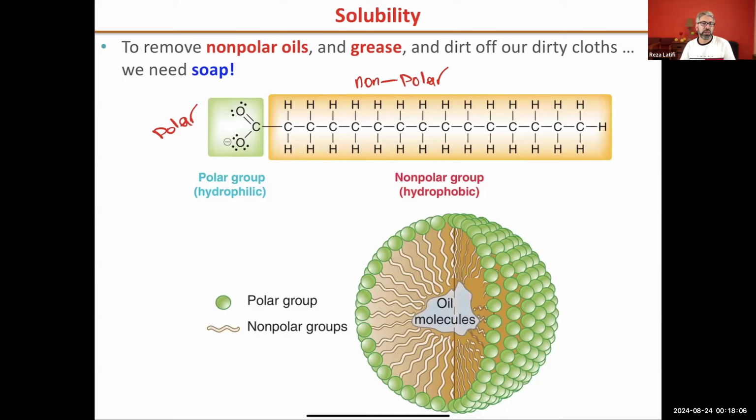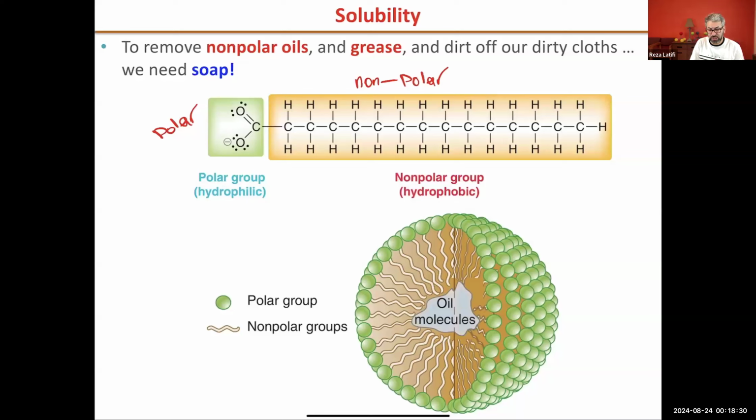And why do we do it? Because most of the grease that we get comes from meat or any food that we eat, and it has a big chain of non-polar stuff, and the solvent or the liquid that you use is water.